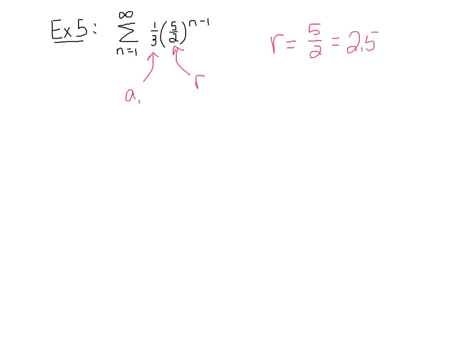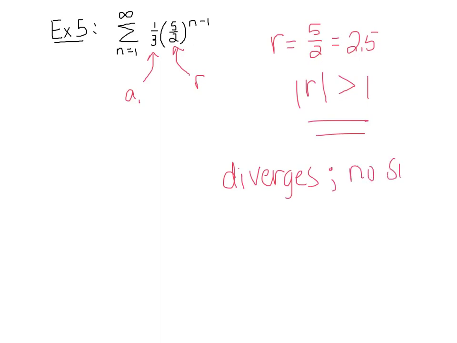What you'll notice is that the absolute value of r is greater than 1, and when it's greater than 1, that means that this diverges. Therefore, no sum exists. That's why it's really good to check your r. The only way that you can get a sum on an infinite geometric series is if the absolute value of r is less than 1.